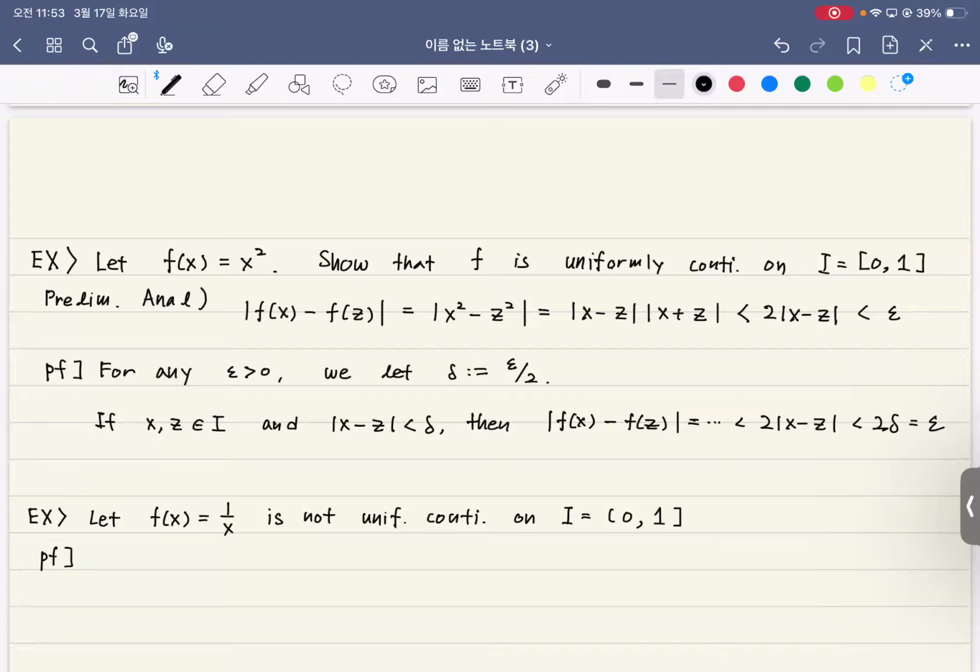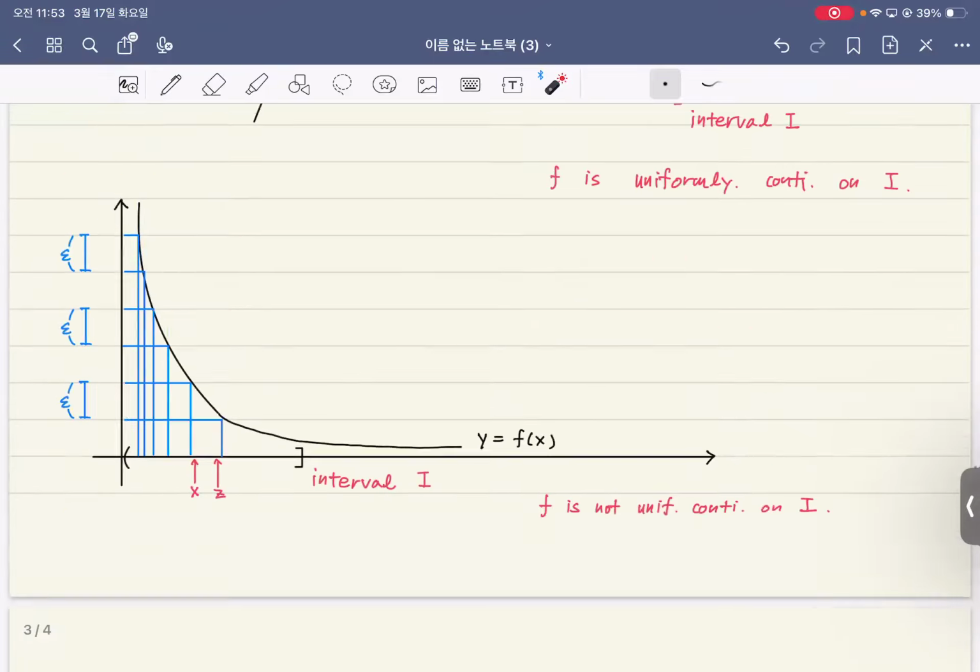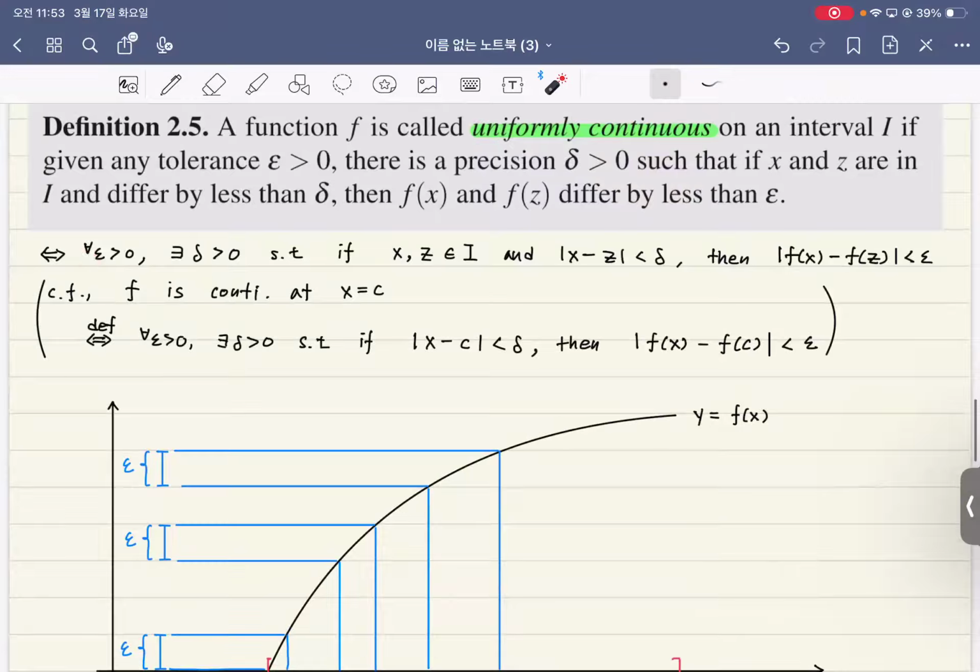In order to show a given function is not uniformly continuous, as we did before, I will try to find the negation of the statement. So what is the negation?